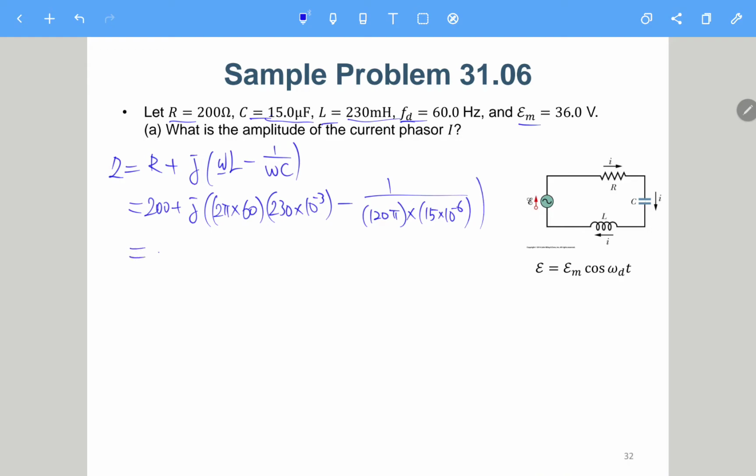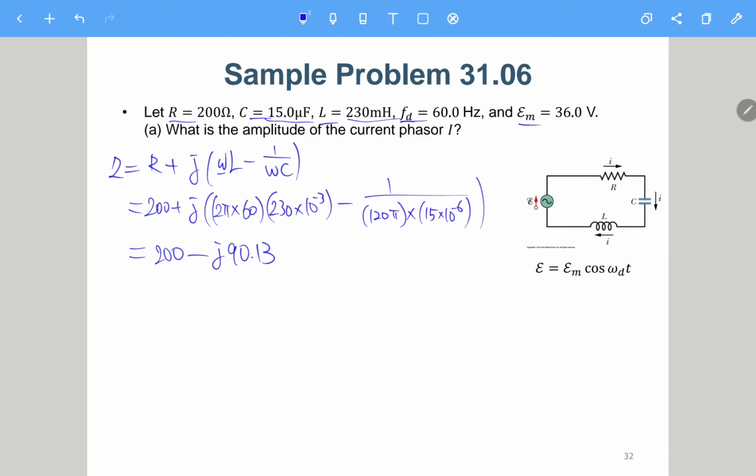So this number is 200 minus j 90.13. This is the impedance.